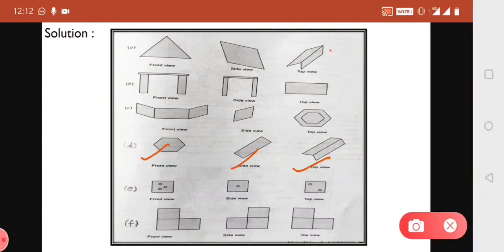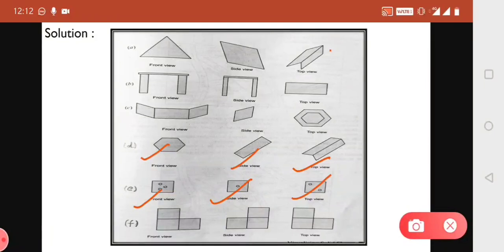Then we have a die. Again the top, front and side view are already mentioned there. So when we look from the front side, we can see a die with three dots. Then when we look from the side, that is the side view, we can see only one dot, and in the top view we can see two dots.